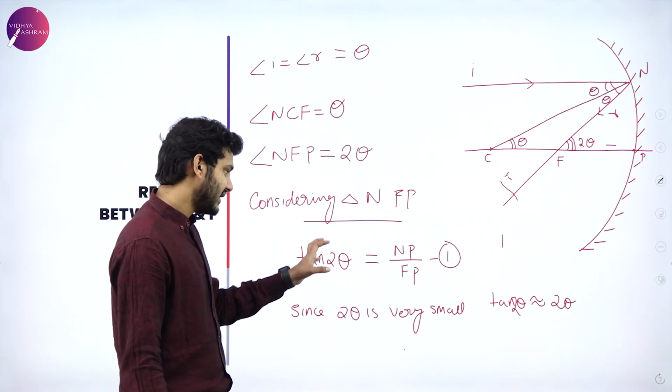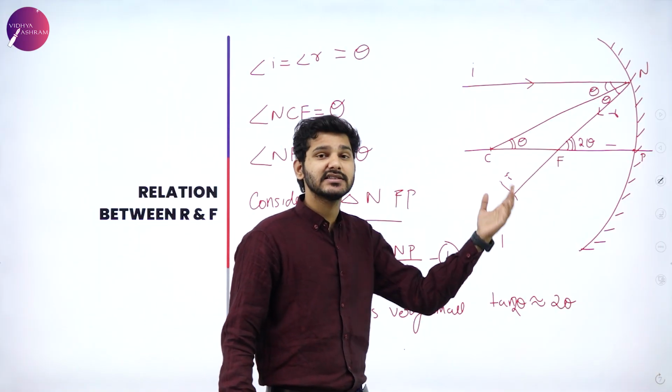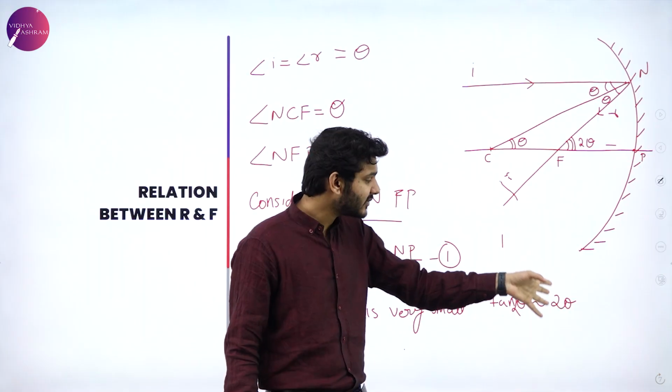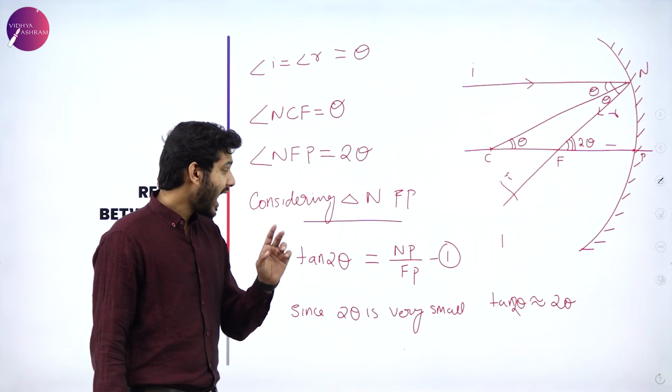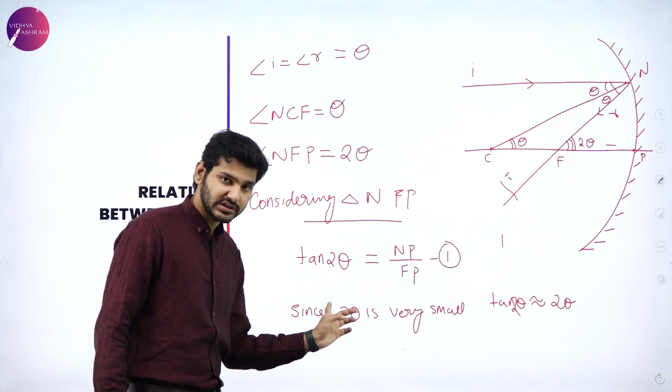If I take the tan of that particular angle, since the angle is really small, I can say that tan 2 theta is approximately 2 theta.